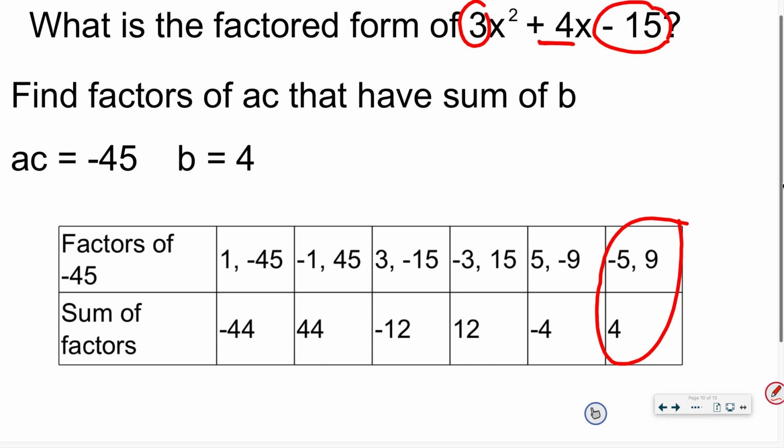So how could I rewrite my trinomial? Because those are not my answers, right? I need to actually rewrite my trinomial as a four-term polynomial: 3x squared plus 2x.